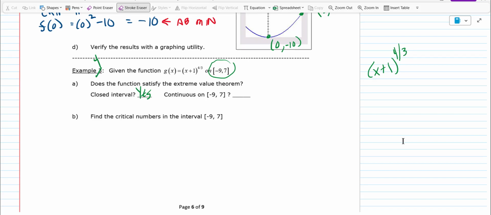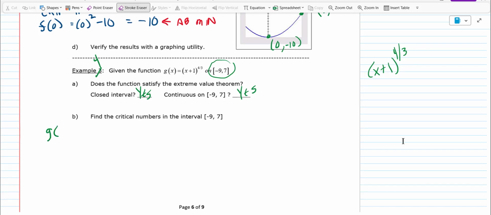You would never get a 0 denominator, right? You would never get a negative number under a radical. So you can take any number that you can think of and add 1 to it, and then raise it to the 4/3, you're always going to get an answer. So that is yes on both. So that means this methodology will allow us to figure out what the absolute max and min is, okay?